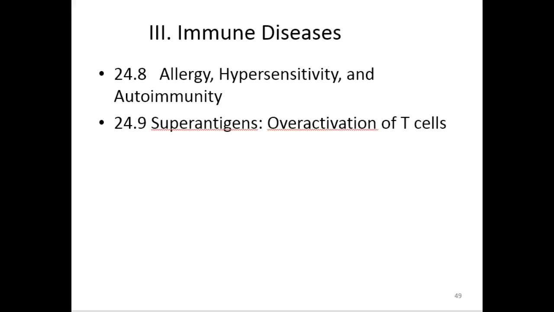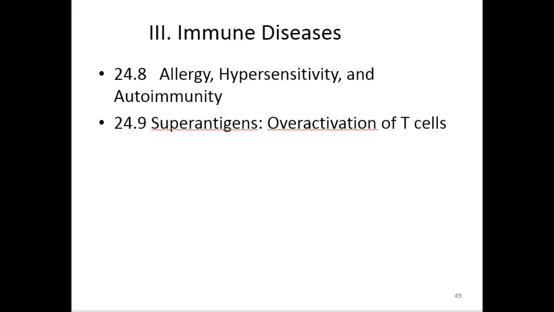So sometimes the immune response goes wrong and can produce negative or even fatal results. When we talk about hypersensitivity reactions or allergic reactions, we're usually talking about things that are stimulated by antigens that we call allergens.